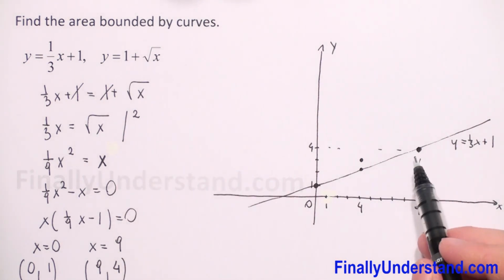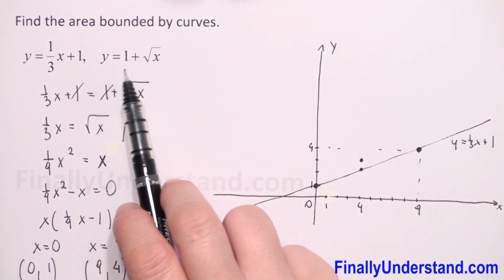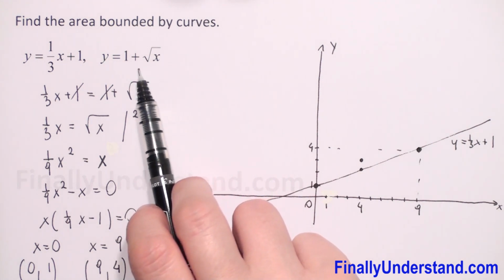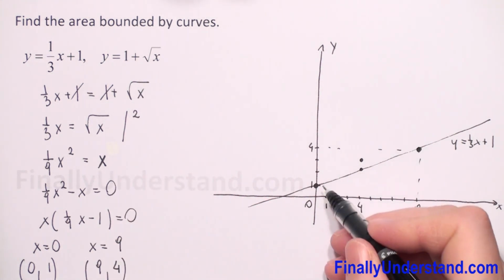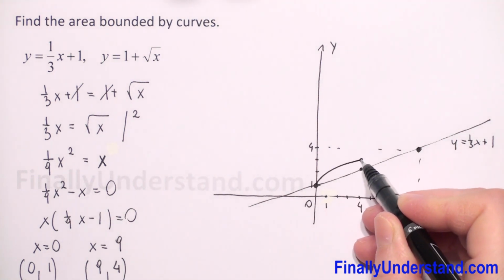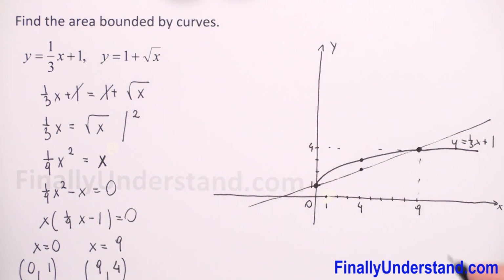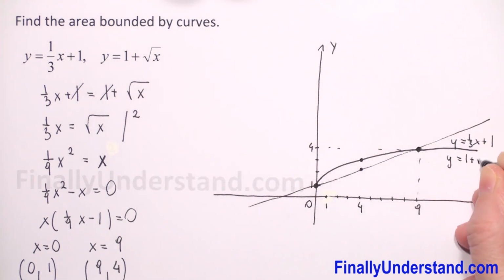So the second curve must pass through this point, and our second curve starts from 0 because we cannot calculate the square root of negative values. So this is our second curve. This is y equals 1 plus square root of x.